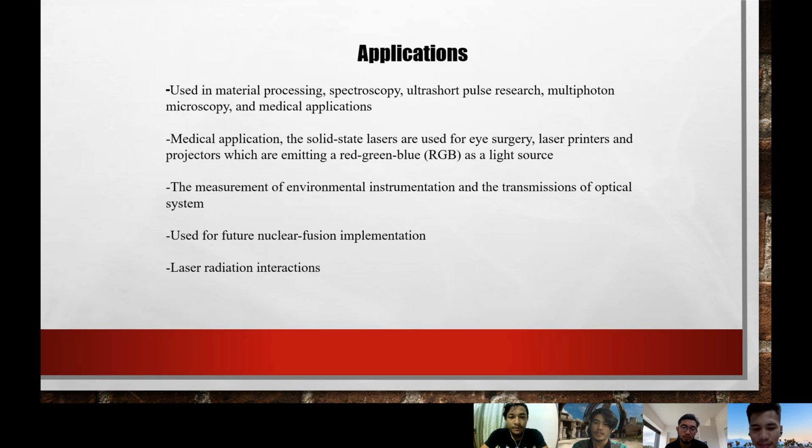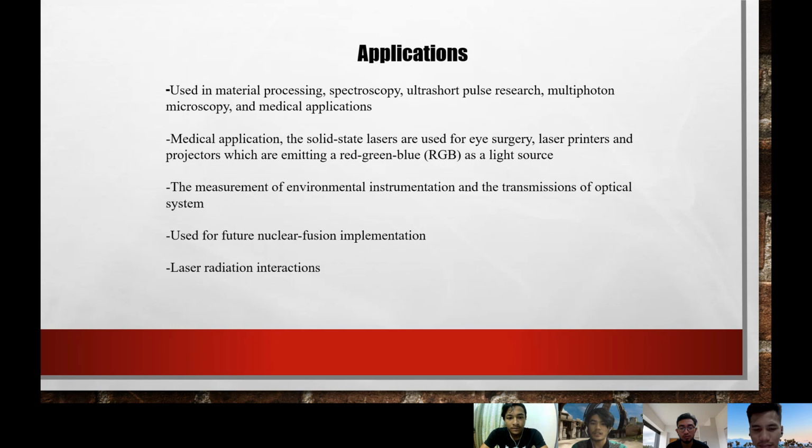For medical applications, solid state lasers are used for eye surgery, laser printers, and projectors, which emit red, green, and blue, which we call RGB, as a light source. They are also used for measurement in environmental instrumentation, the transmission of optical systems, and also for future nuclear fusion implementation.